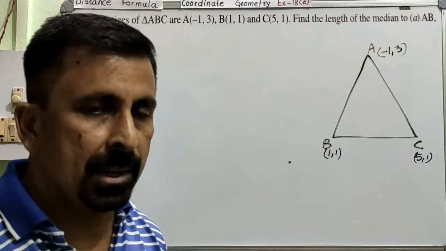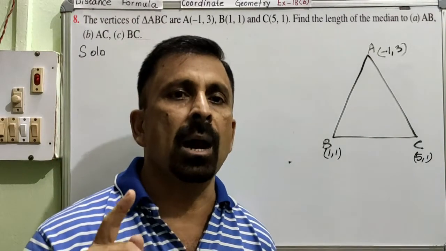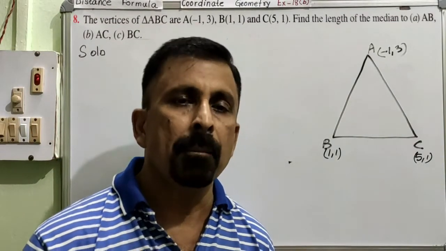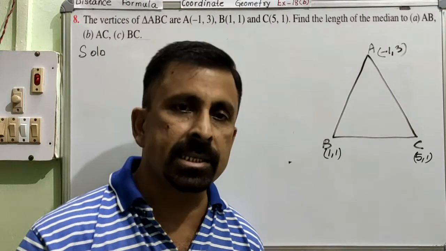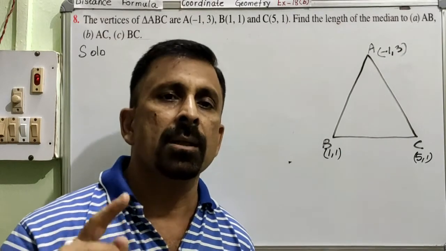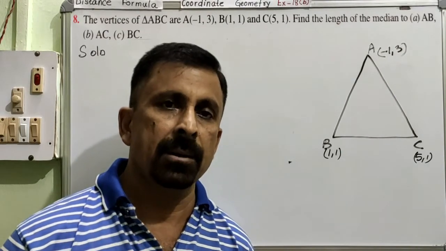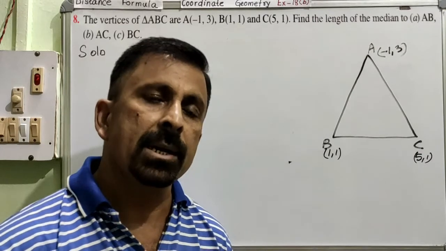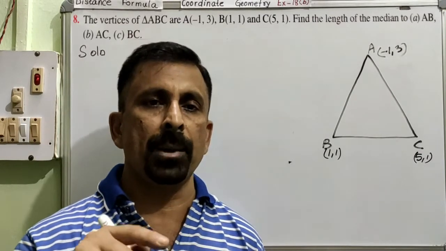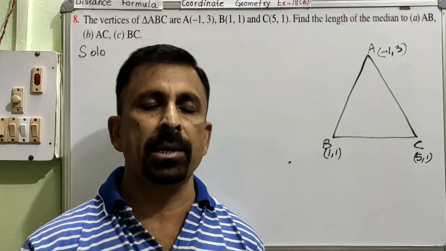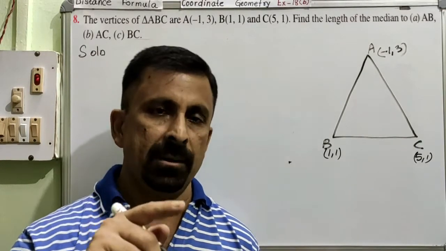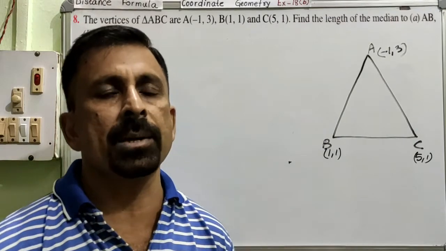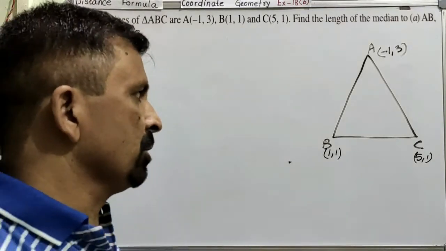I repeat, median is a line segment that joins the midpoint of a side with the opposite vertex. So to get the median, we need to mark the midpoint of a side, and that midpoint will be connected with the opposite vertex, and that line segment will become the median.